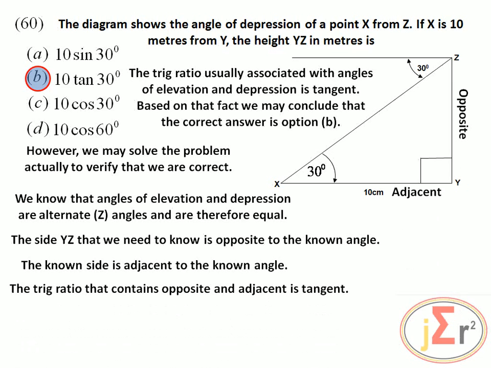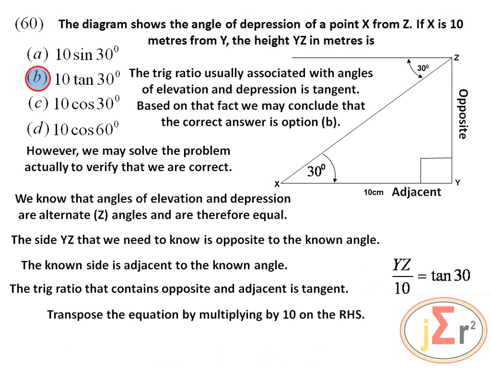The trig ratio that contains opposite and adjacent is tangent. Therefore, we are correct. But making a substitution, opposite is YZ and XY is 10. Transpose the equation by multiplying by 10. On the right hand side, we have YZ is equal to 10 tan 30, and we have verified that B is correct.